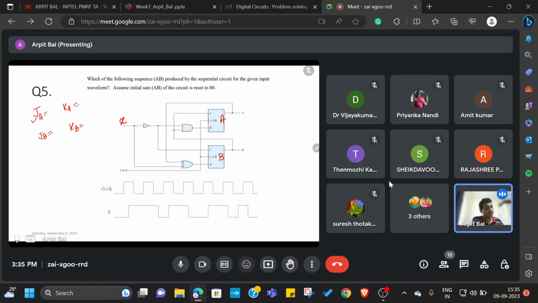What is going to be the equation for JA? Can anyone tell me the equation for JA and KA?